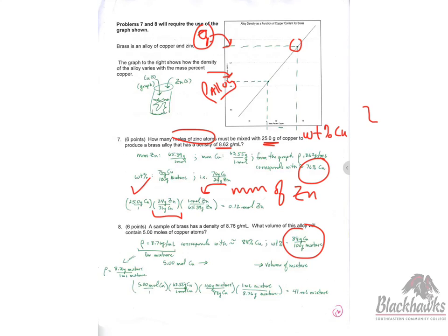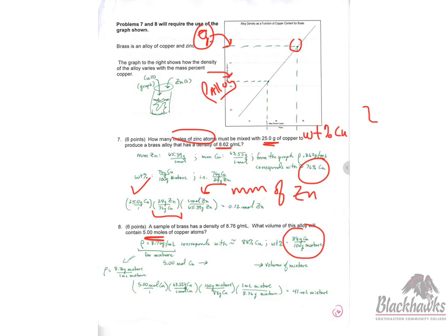So then working the problem with that in mind, now I start out with the number I'm going to start with. So basically, you can kind of see here, mapping it out with kind of a blank in between these arrows, I want to go from 5.00 moles of copper to question mark volume of the alloy or the mixture.